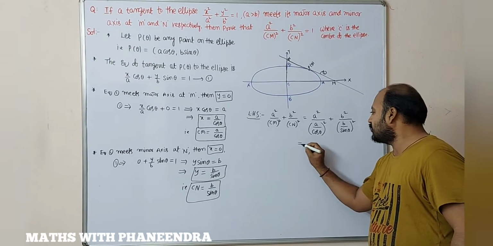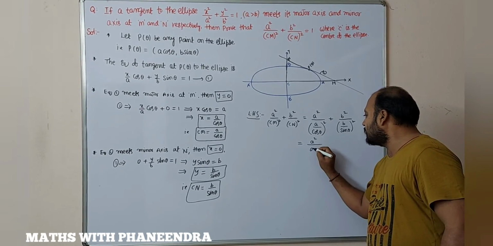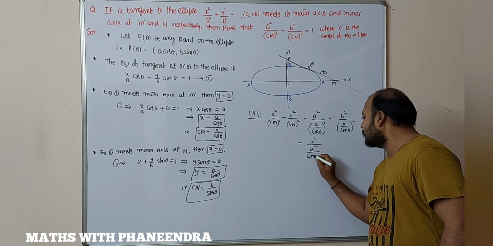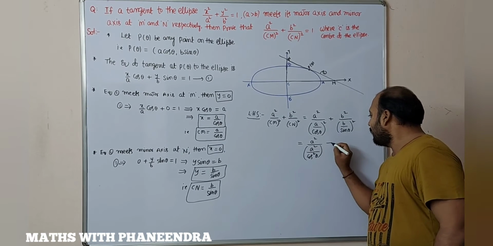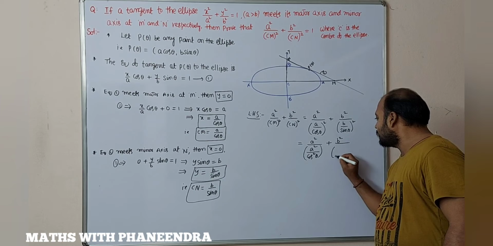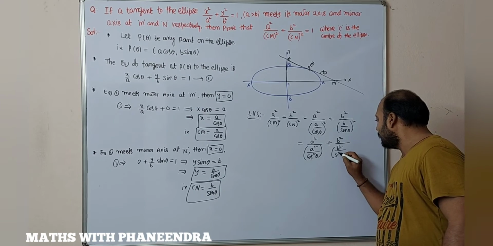So which is equal to a square by cos square theta plus b square by sin square theta.